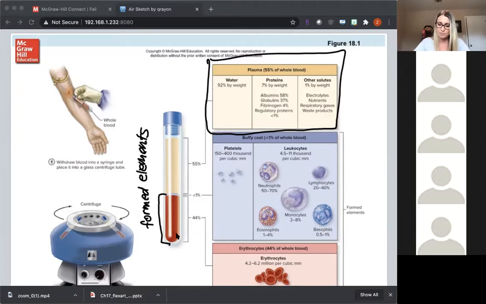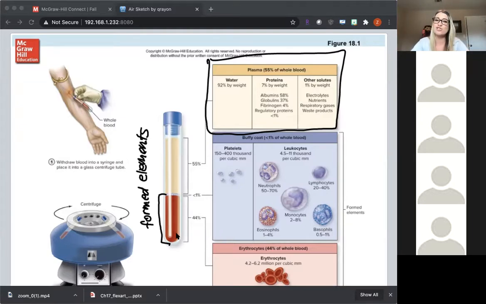Okay, so that's albumins. The next group of proteins are globulins, and globulins are also transport proteins. There's a special group of globulins which are known as immunoglobulins or your antibodies. But mostly, they're transport proteins as well.